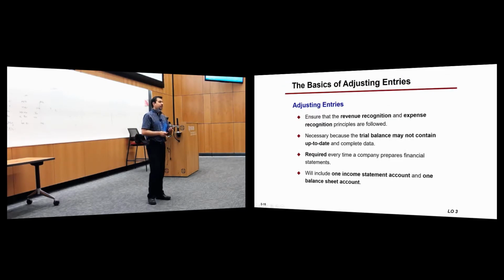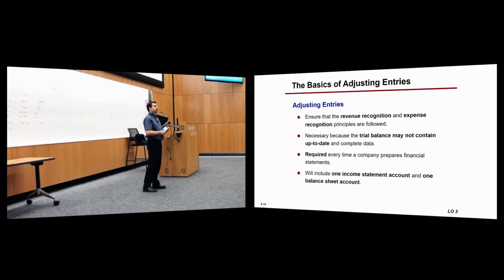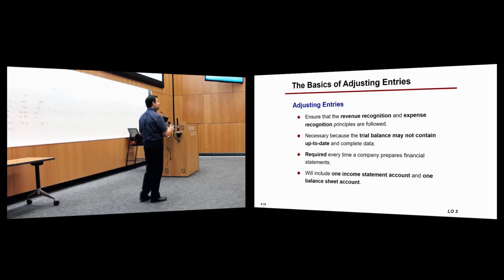We get to adjusting entries. Remember what we talked about at the beginning of this lecture: we need to make adjusting entries to the trial balance to update it. If you have a certain balance, for example supplies, it still shows the full amount at the beginning, while you used some of it during this month, so you have to make an adjusting entry for that.